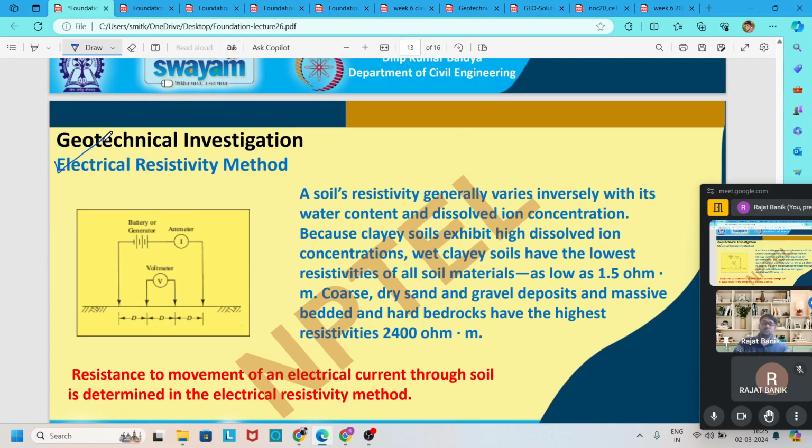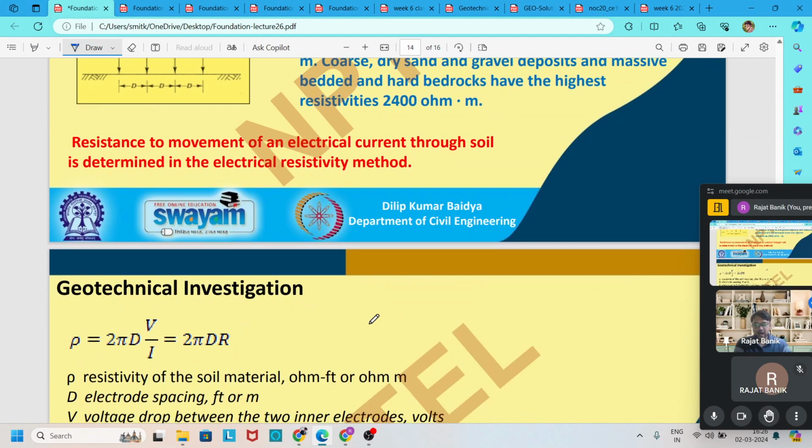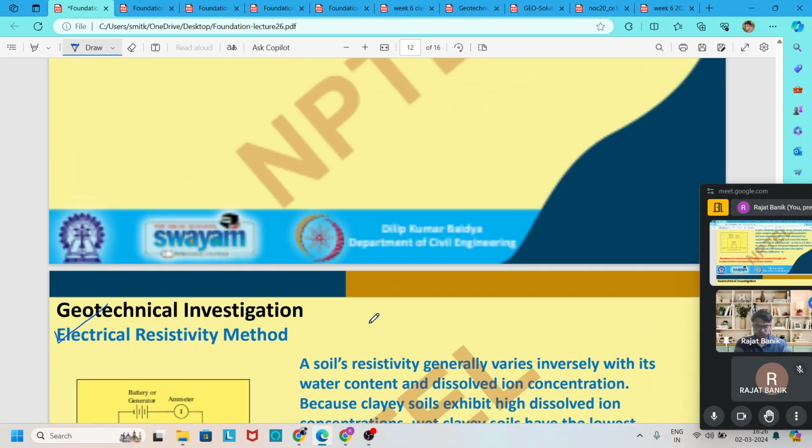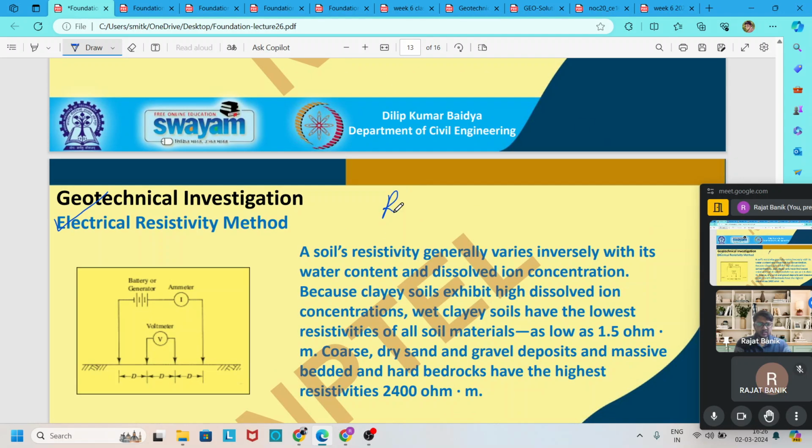Then there is one most popular method, the electrical resistivity method. A soil's resistivity generally varies inversely with its water content and dissolved ion concentration. So resistivity is inversely proportional to the water content of the soil and also inversely proportional to the ion concentration.